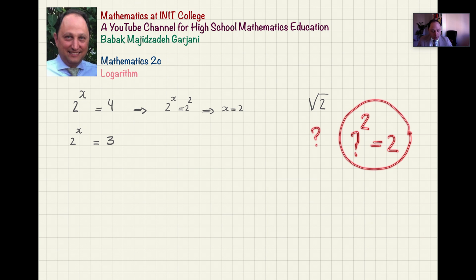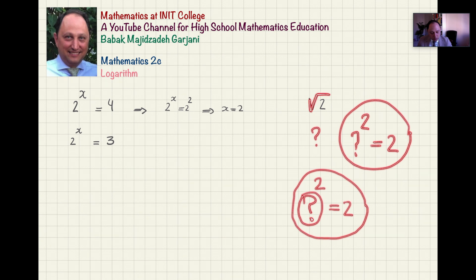Okay, so you ask, is there any number so that when I square it, it becomes 2? If in any way you can convince yourself the answer to this question is yes, then you can give a name to this question mark. In this case, mathematicians have chosen to give it the name square root of 2, and then they give the symbol for this.